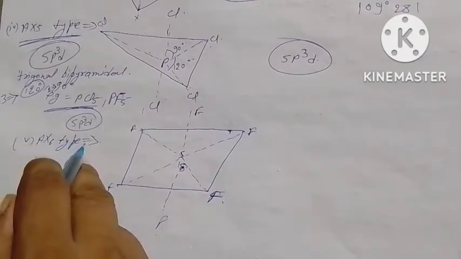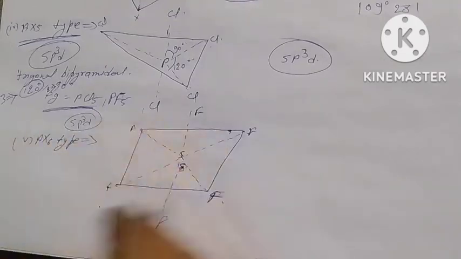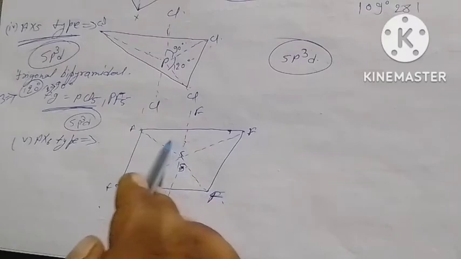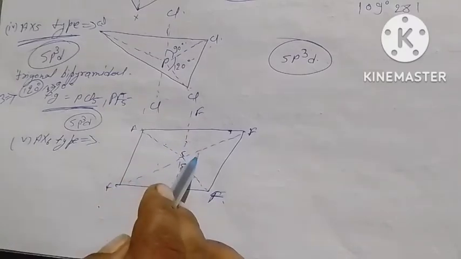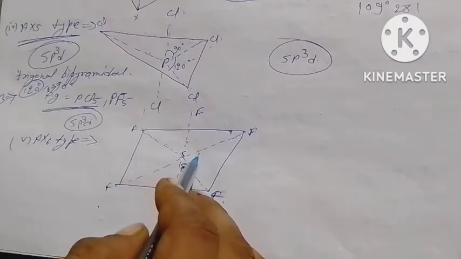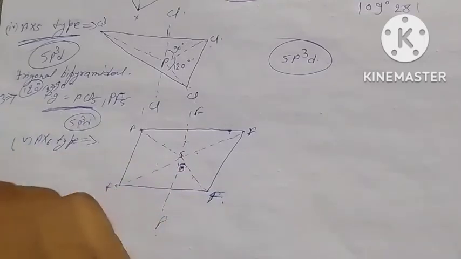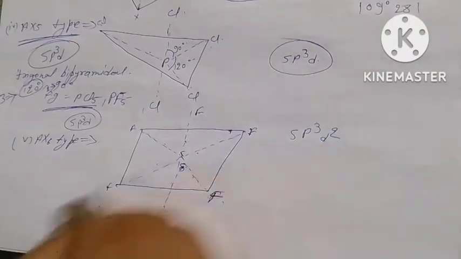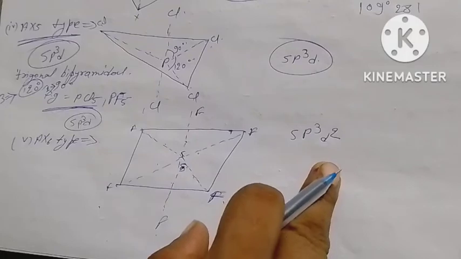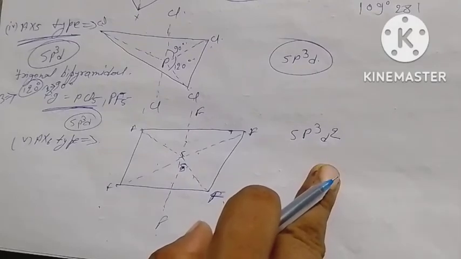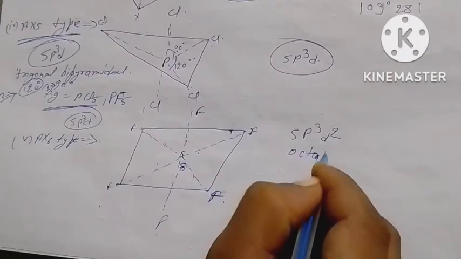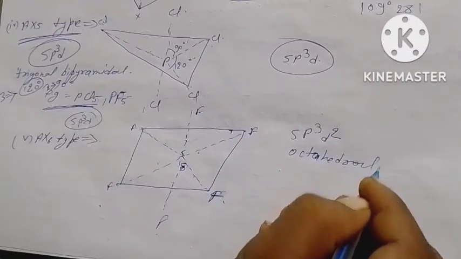As AX6 type, this type of molecule contains only 6 bonded pairs and no lone pairs. Hybridization is sp3d2. The shape and the structure are both the same, octahedral.